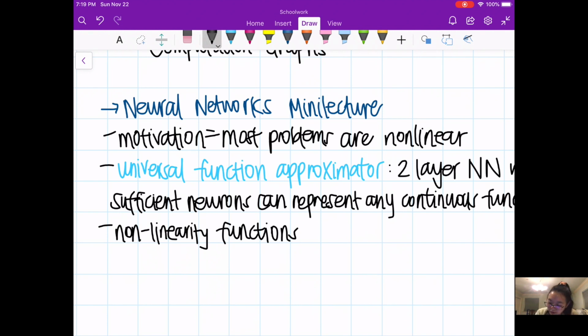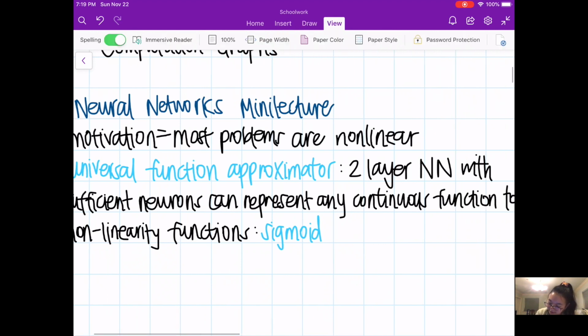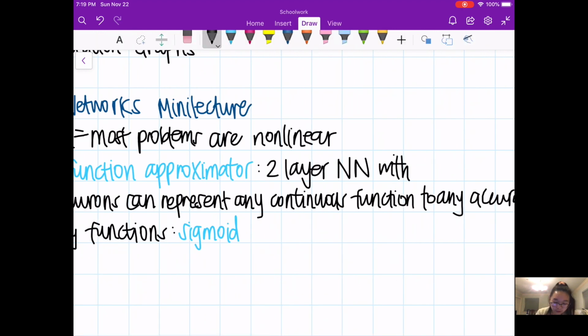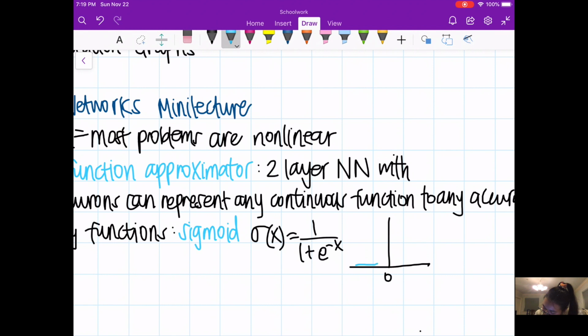So the main ones we are going to deal with are sigmoid, and then for a sigmoid function, we essentially have sigmoid of x is equal to 1 over 1 plus e to the negative x. And how that looks on a graph is, if you just have this and this is 0, then the function graph will look like that.